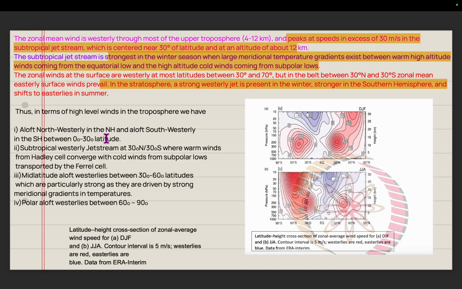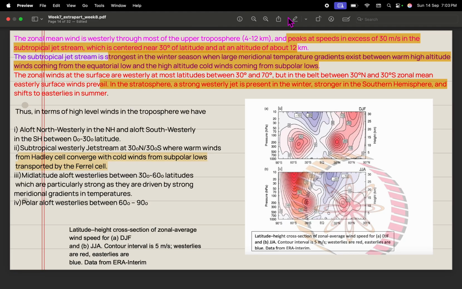The subtropical westerly jet stream is at 12 kilometers, the higher part of the troposphere, at 30 degrees north to 30 degrees south, where warm winds from the Hadley cell converge with the cold wind from the subpolar lows transported by the Ferrel cell.